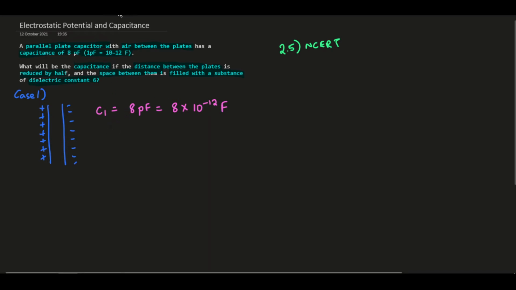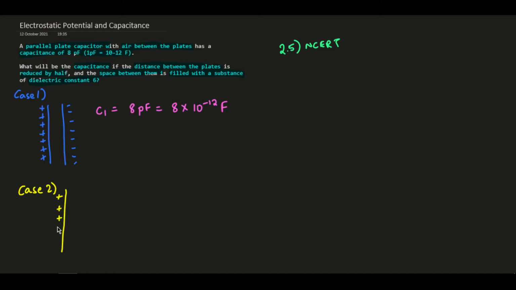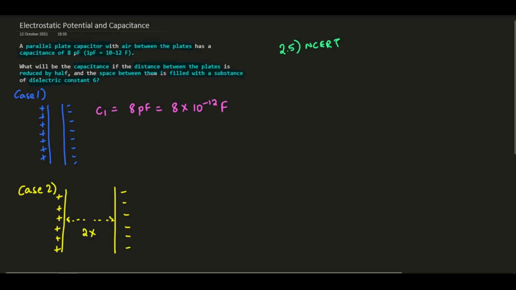Then now we have to take another case. So case 2, where the distance between the two plates has been changed. So that's point number 1. It's halved, so the distance between them is x, and the capacitance we have to find out in this case.